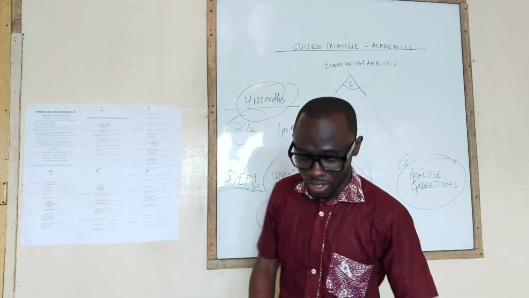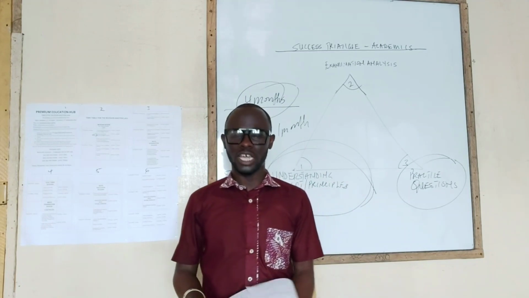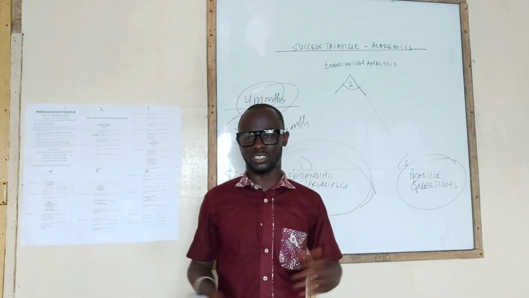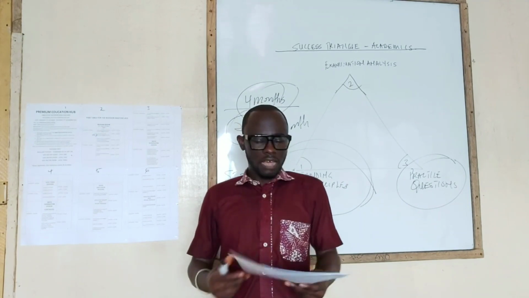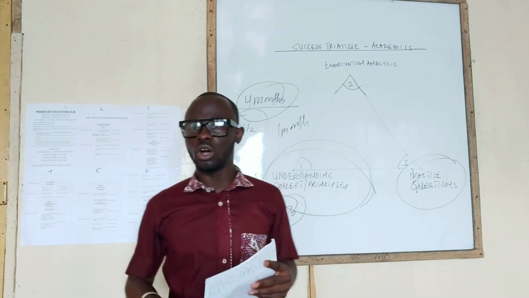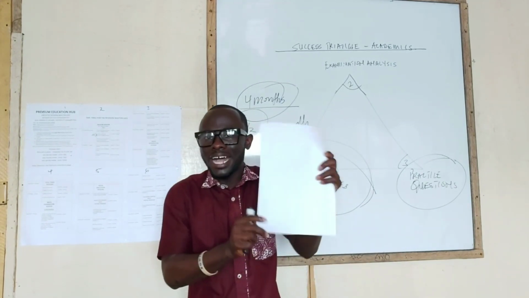That is why I don't tell my students to buy any ICA past questions. It's not necessary. It's not useful. I've seen people printing it and putting their names on it. It doesn't make any sense to compile past questions.